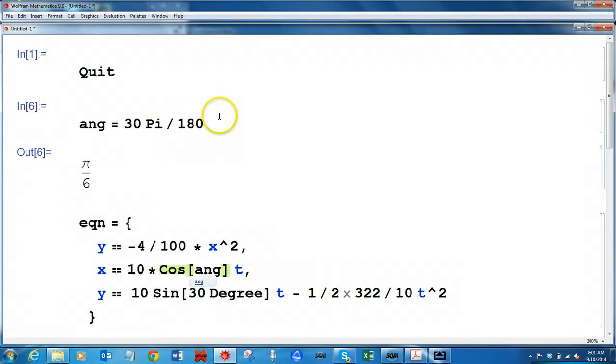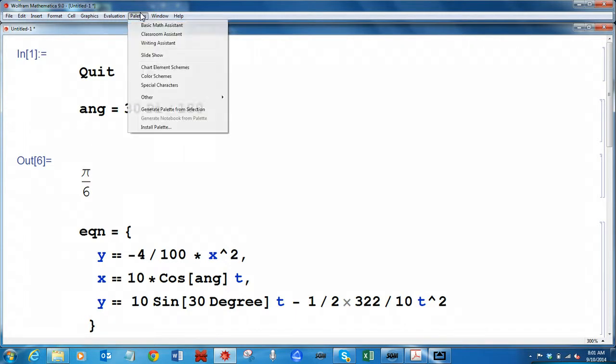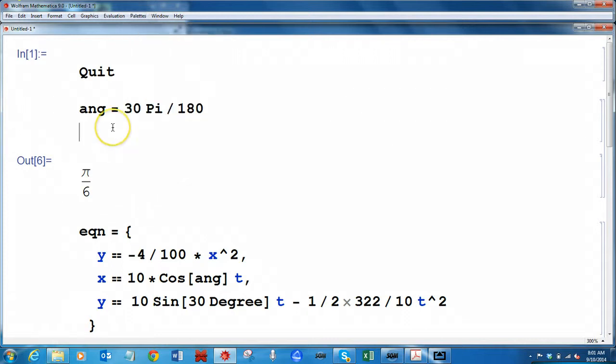Will it find theta? Oh, you want a simple theta. There's something up here in these palettes, if you like to click, drag, and drop. But here's how I do it.